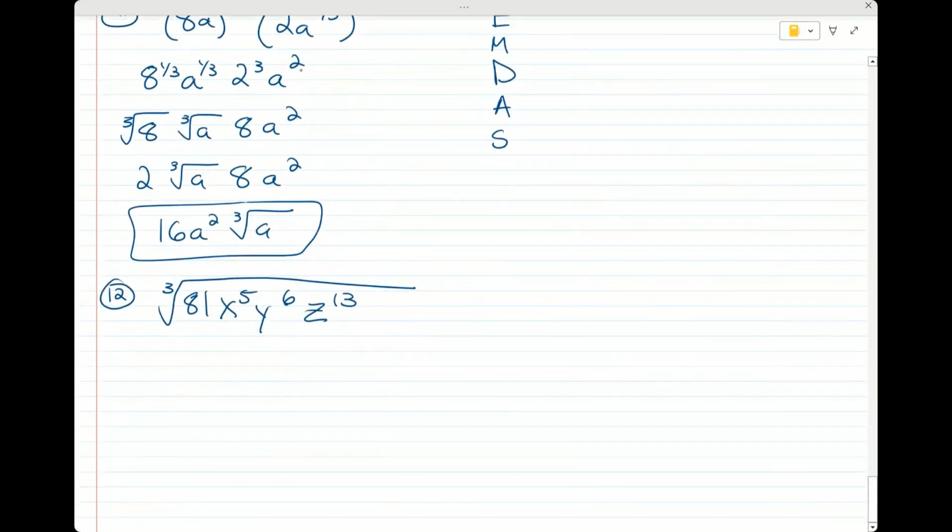And then we'll go ahead and take the cubed root of 81 and we'll go ahead and take the cubed root of x to the 5th, the cubed root of y to the 6th, and then the cubed root of z to the 13th. And then we'll just have to simplify each of these.